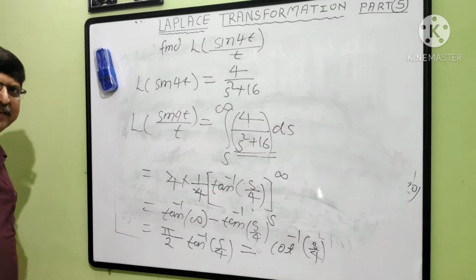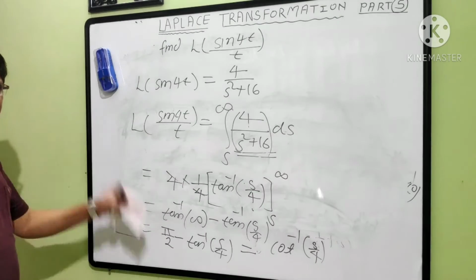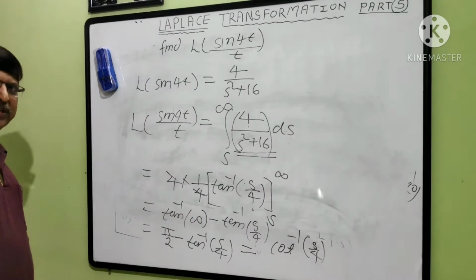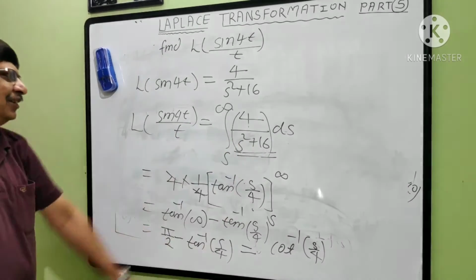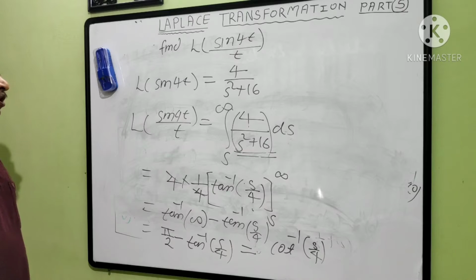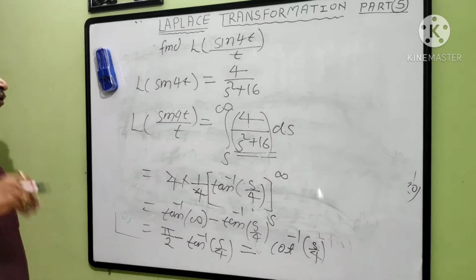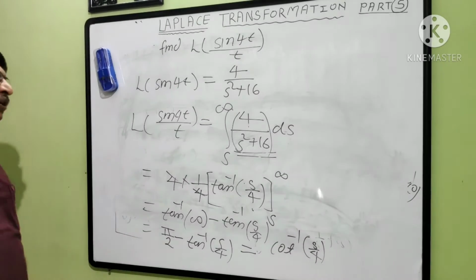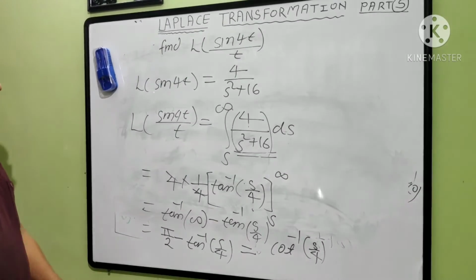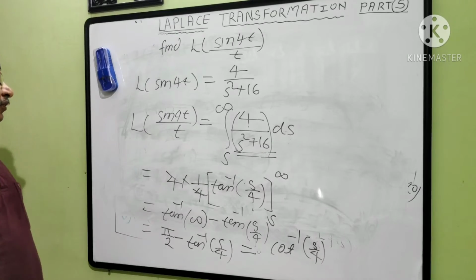Means if there is a into t, find the first derivative. If there is into t square, find the second derivative. If there is upon t, find the integration of f of s. Means if you know the Laplace transformation of f of t, let it be f of s. Then if into t is there, find the first derivative, minus 1 into. If t square, then find the second derivative.